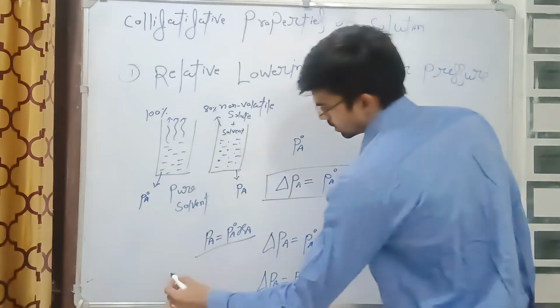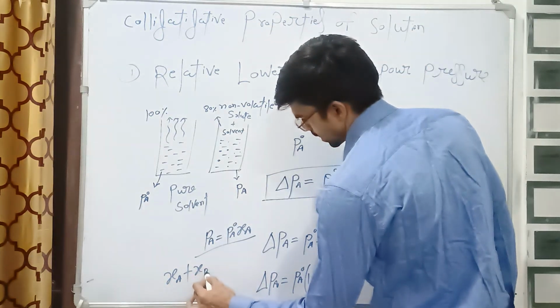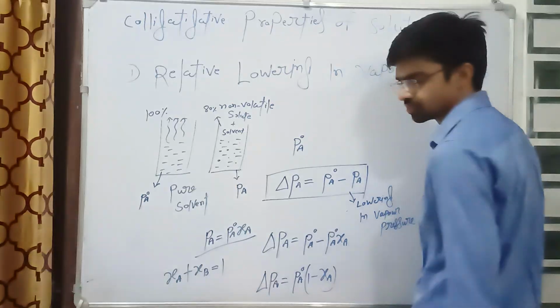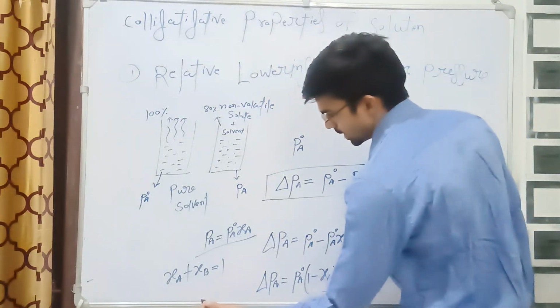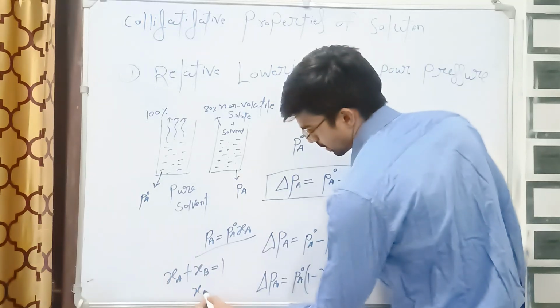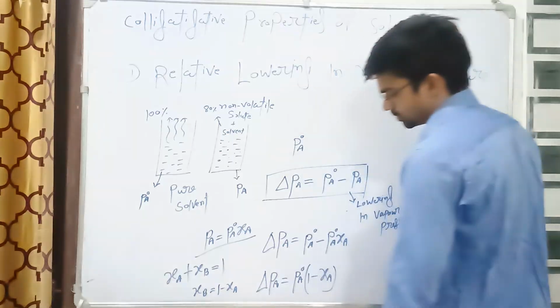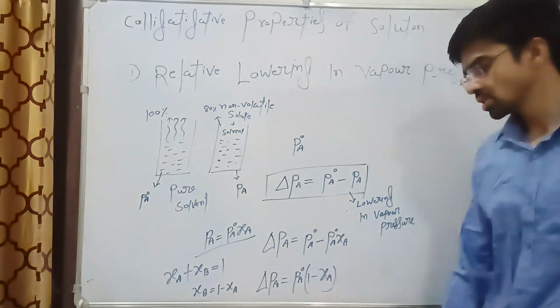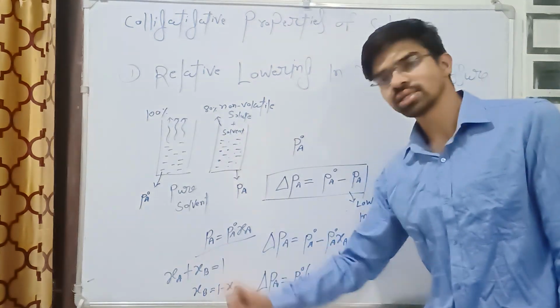Again we know that the sum of the mole fraction of solute and solvent is 1. XA plus XB is equal to 1, or we can write it like XB is equal to 1 minus XA. Now again we can substitute the value 1 minus XA is equal to XB.